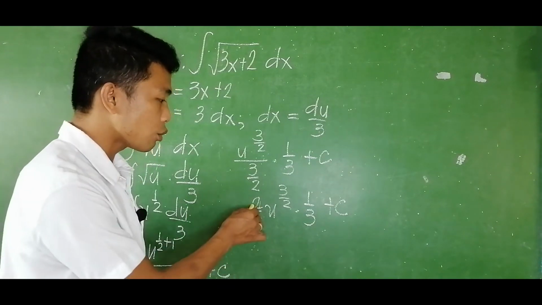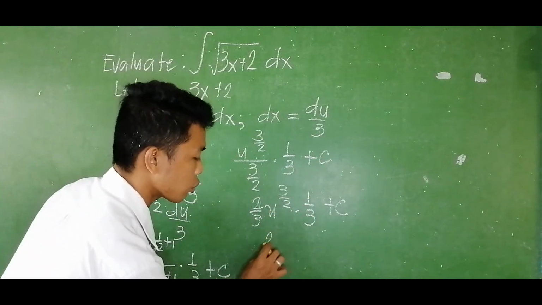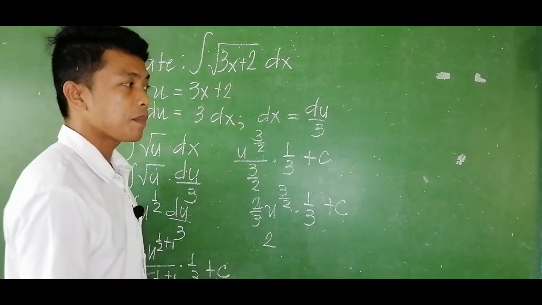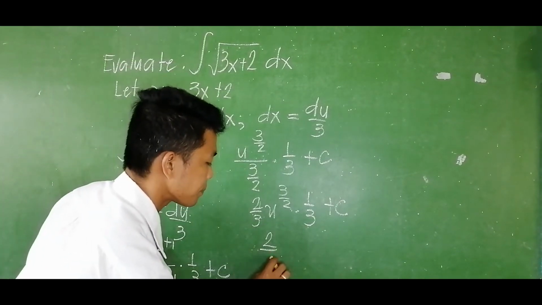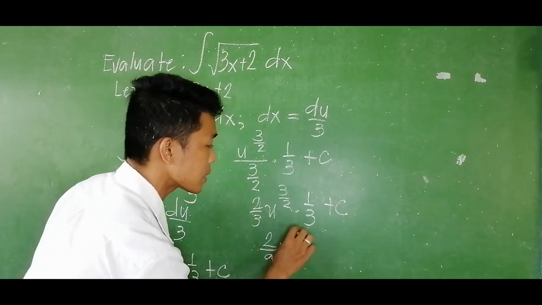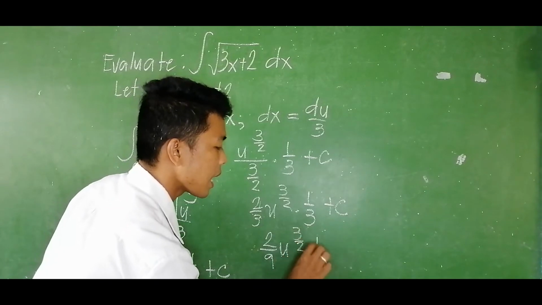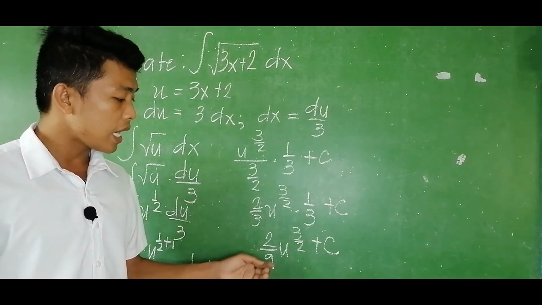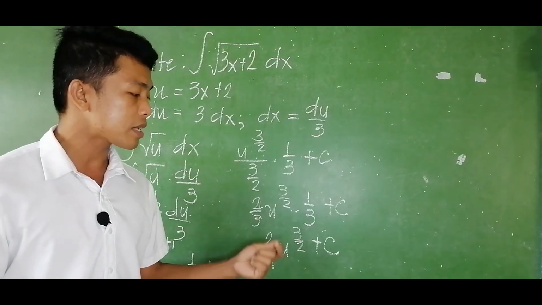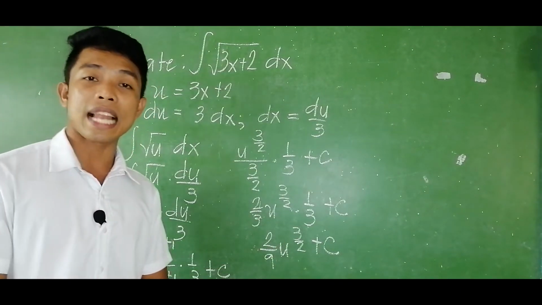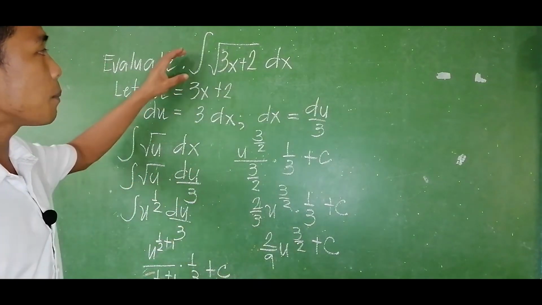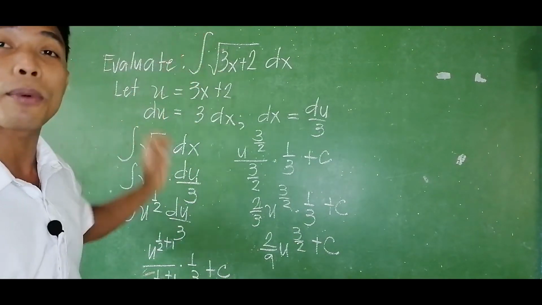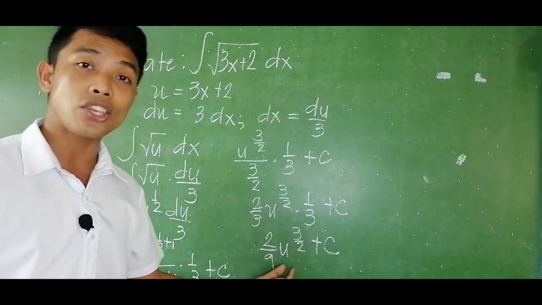So we will get 2 times 1, which is equal to 2, and 3 times 3, which is equal to 9. Then we copy u raised to 3/2 plus c. Now, 2 over 9 times u raised to 3/2 plus c is not yet our final answer, because in our problem, what we are given is a variable x, not a variable u.